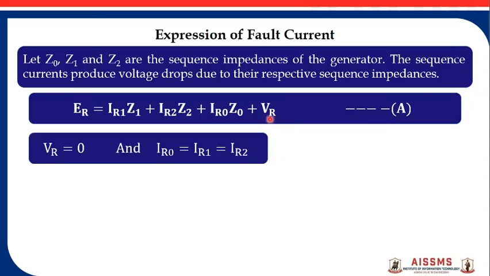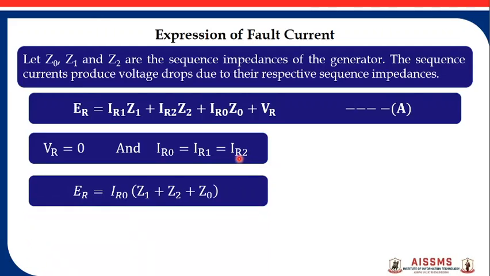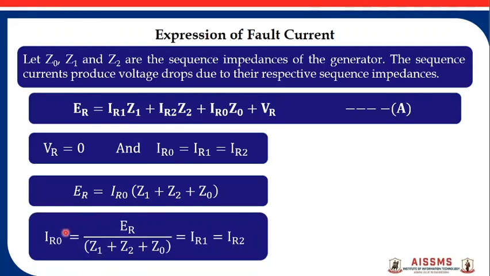In the LG fault circuit diagram we have seen that VR is 0 and IR0 is equal to IR1 equal to IR2. So ER can be written as IR0 into (Z1 plus Z2 plus Z0), that is ER equals IR0 into (Z1 plus Z2 plus Z0), or IR0 equals ER divided by (Z1 plus Z2 plus Z0).